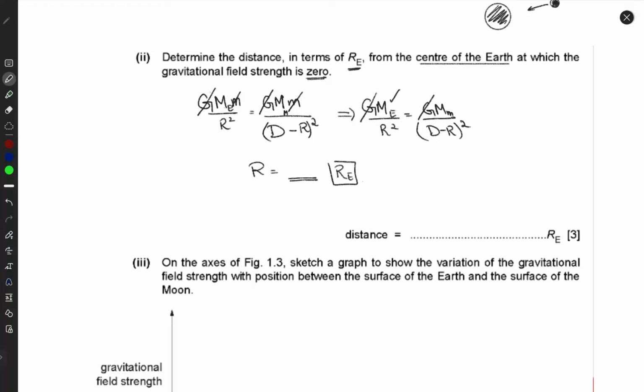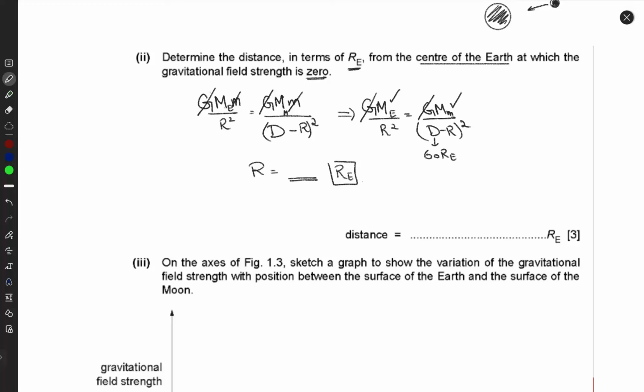We have the value of the mass of the Earth. We have the value of the mass of the Moon. We have the value of D, which is 60 RE, and we have to find R. So everything is known, but we just have to find R. So we'll just rearrange this expression and we'll write the value of the R. So is that clear? Or is there any question?